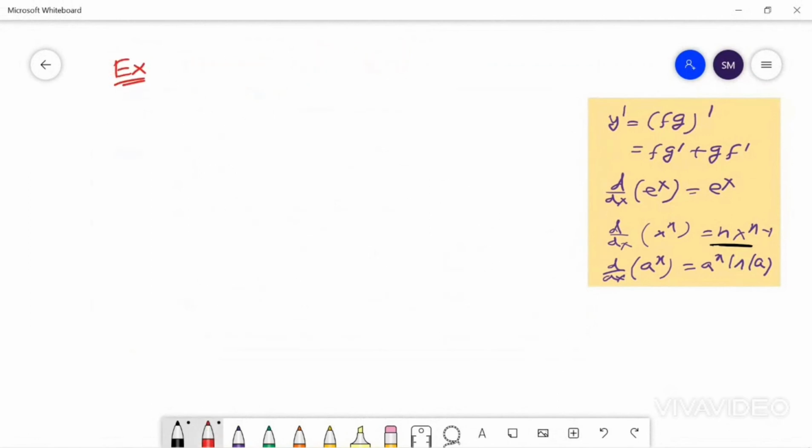In this example, we are going to consider the product of two polynomials. This problem can be solved by first making the product of the polynomials and then using the power rule. But as we have to use the product rule only, we will strictly use the product rule for the derivatives.